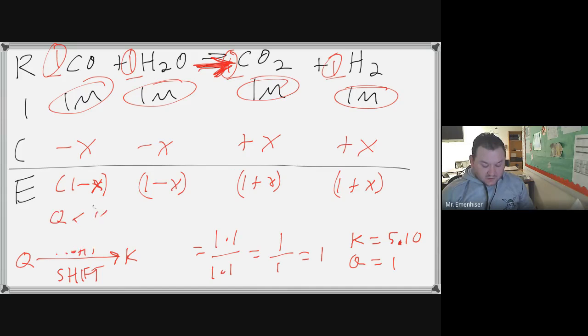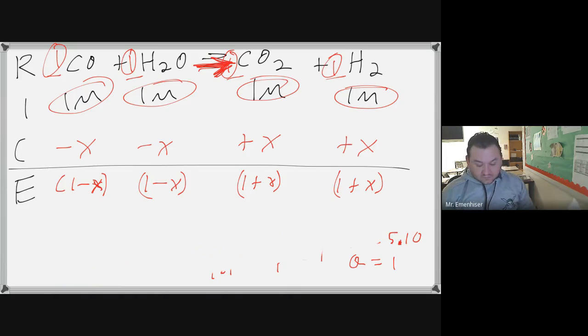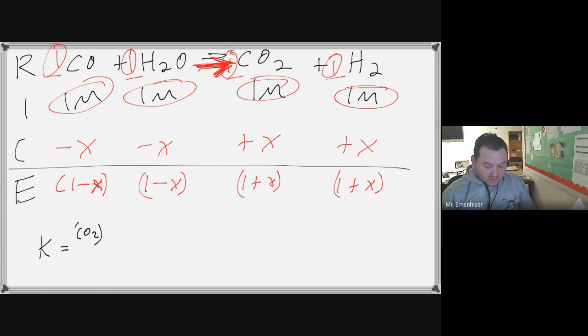Now, we're going to write the K expression. And I like this problem. K equals CO2 times H2 over CO times H2O. So that's kind of the expression, right?